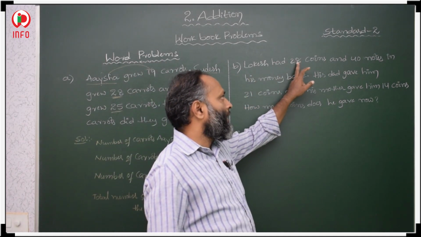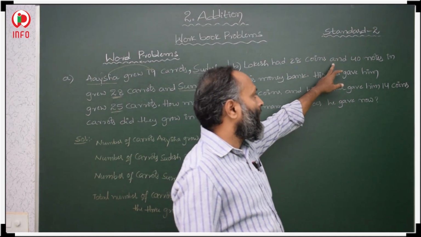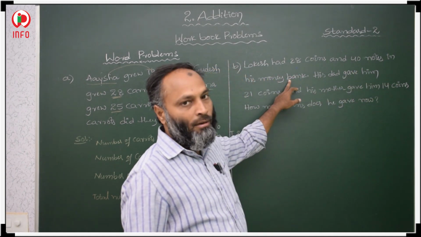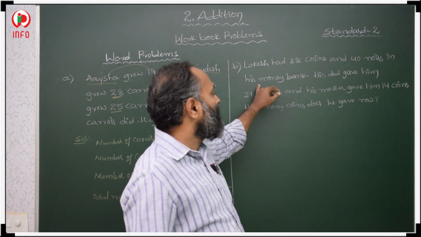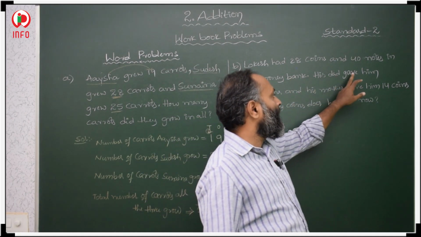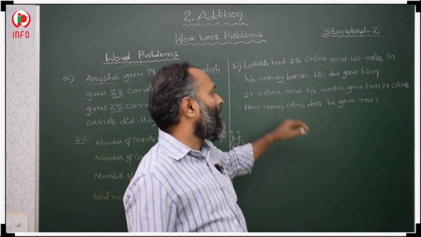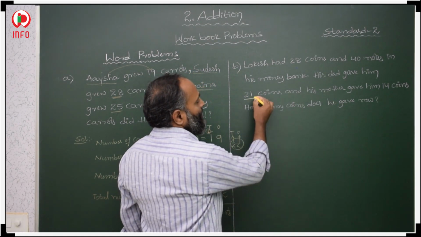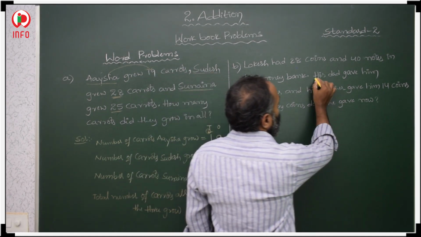Lokesh had 28 coins and 14 notes in his money bank, means kitty bank. So his dad gave him 21 coins. How many coins? 21 coins. Who gave? His dad.